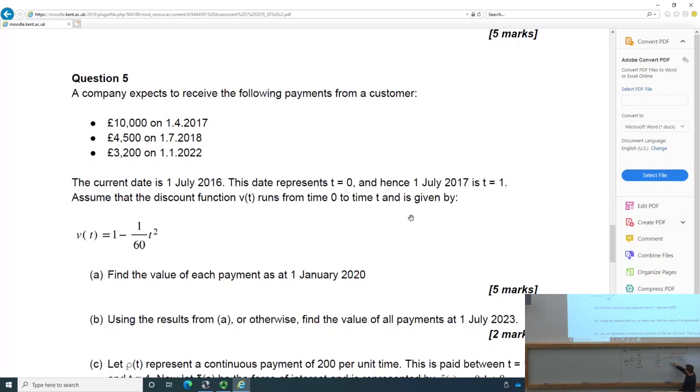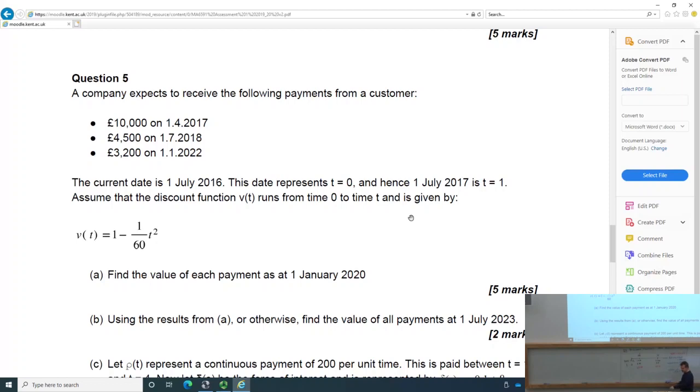So we'll now have A 0.75 to 3.5 equals A 0 to 3.5 over A 0 to 0.75. And then we need to use V a,b equals 1 over the accumulation factor A a,b.